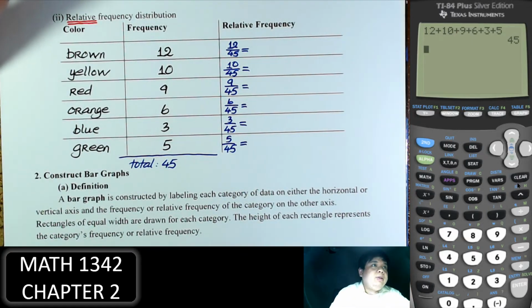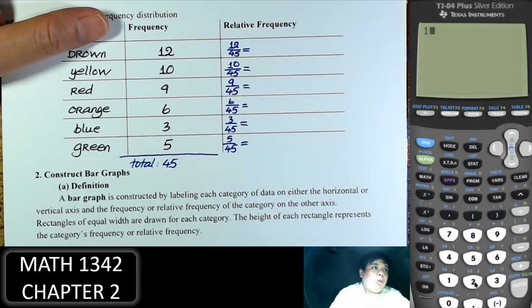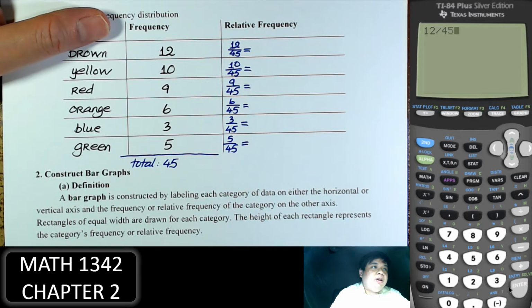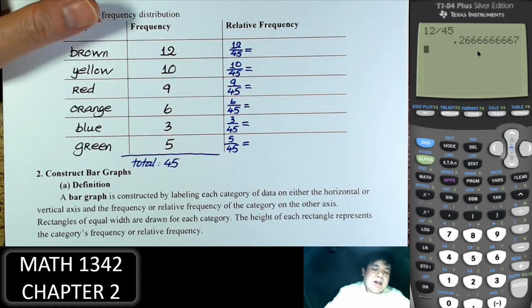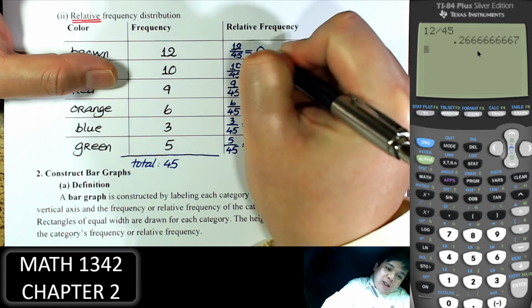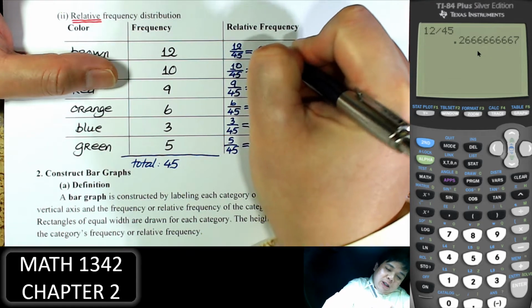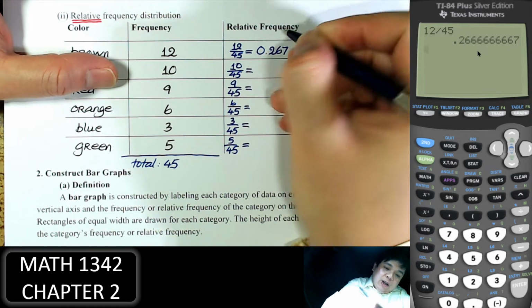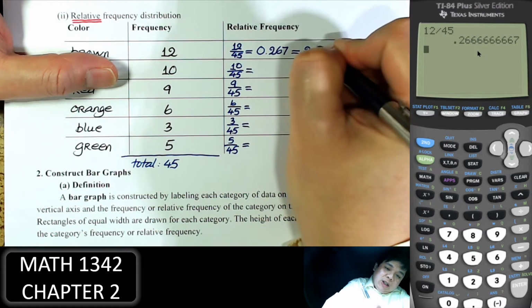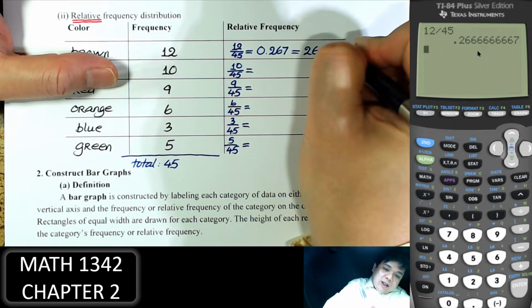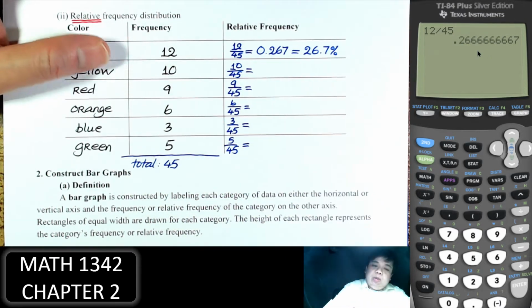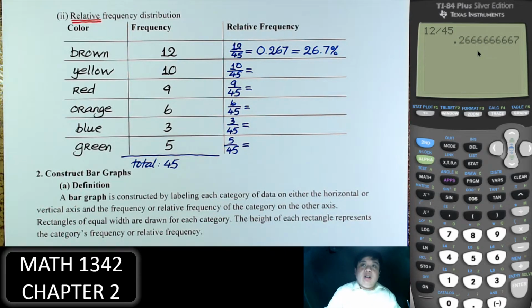So 12 divided by 45 is 0.2667, so that will be 26.7%. You should be careful on the homework or test question.